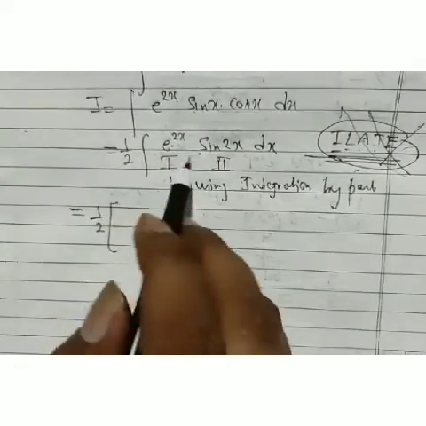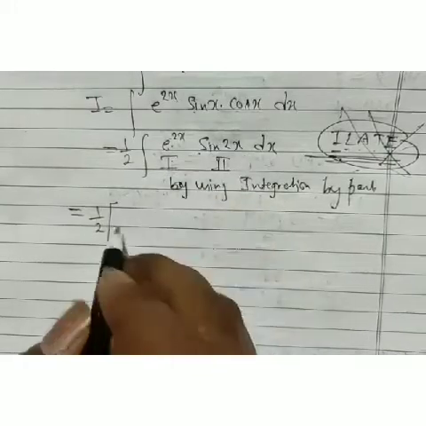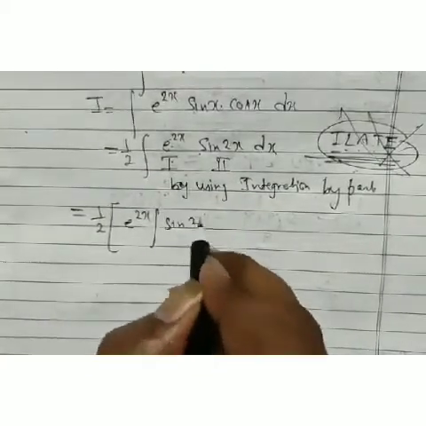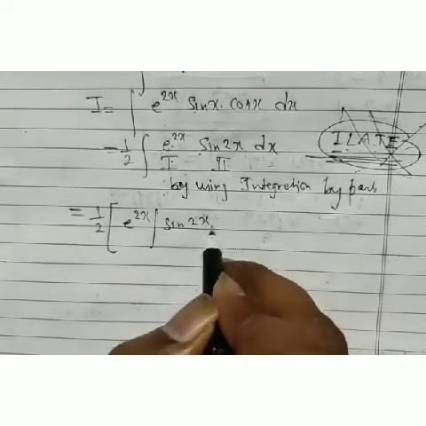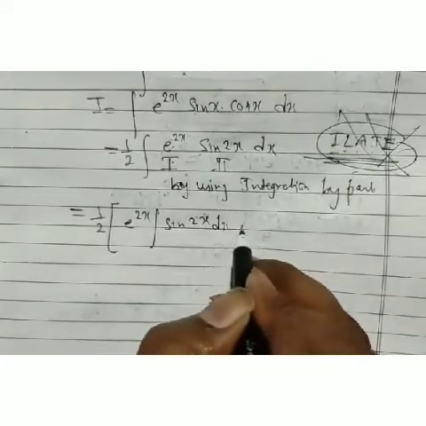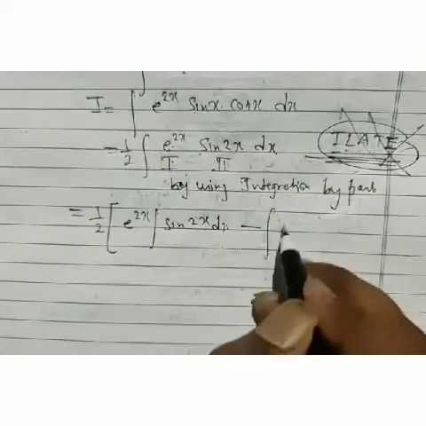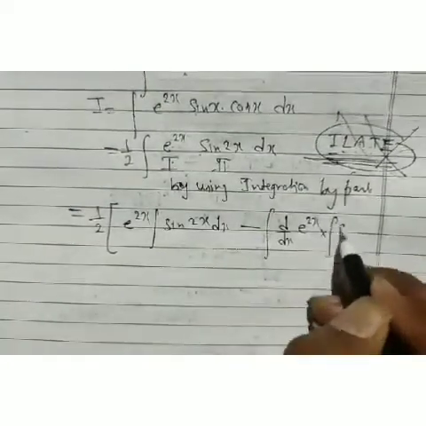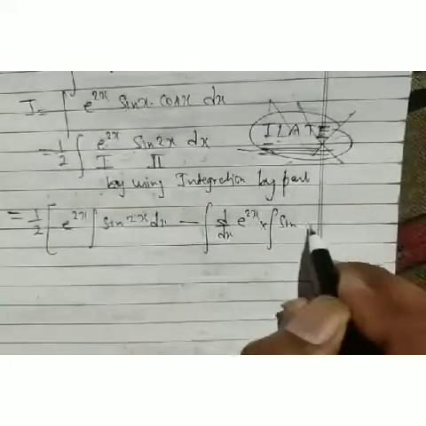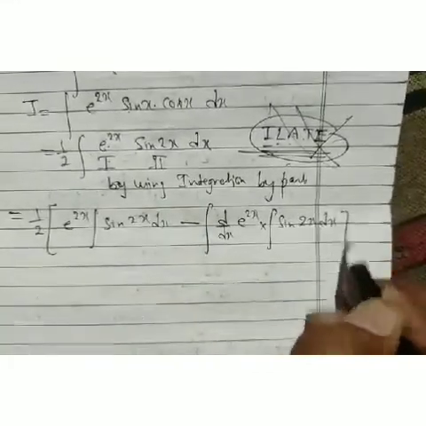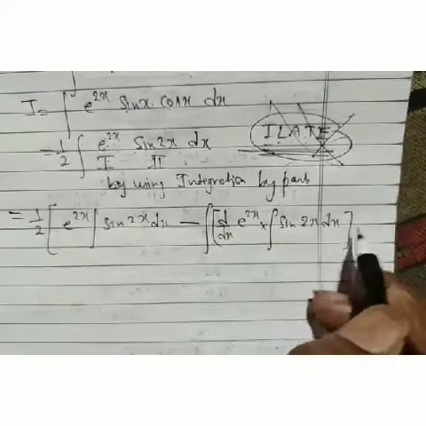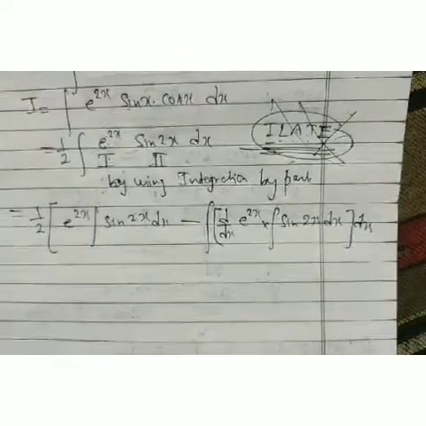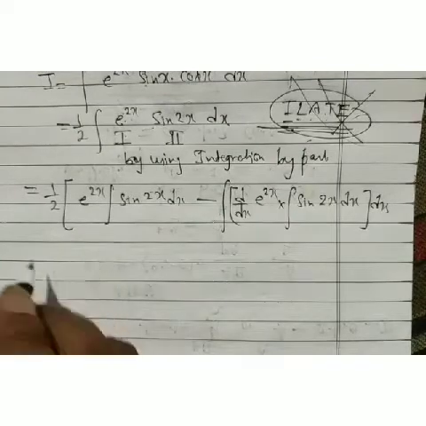Now look, we have the first function and second function: e to the power 2x into the integration of sin 2x dx, then minus d/dx of e to the power 2x into the integration of sin 2x dx, and the whole dx.